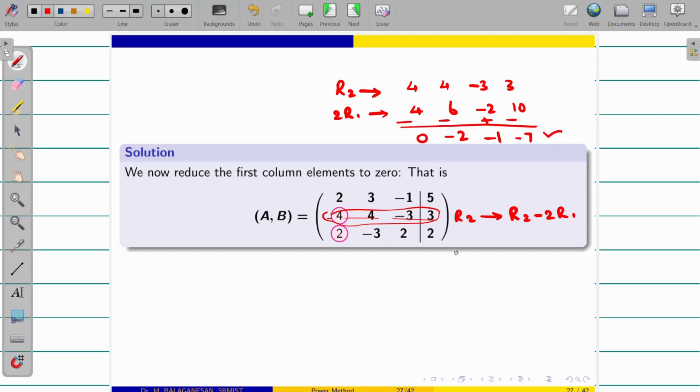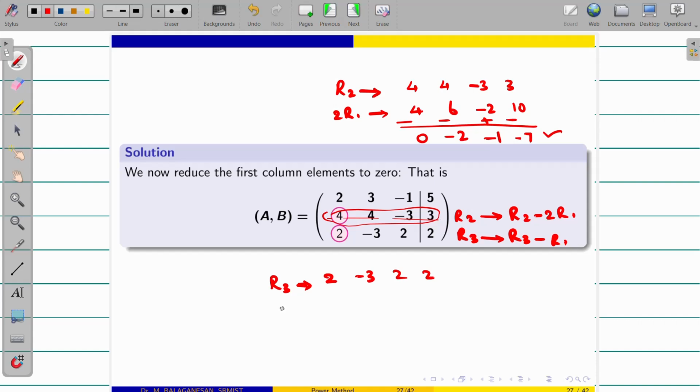Right. Now, what is the explanation for R3? R3 tends to R3 minus R1. Directly we can subtract, no need to multiply any element. So what is R3? R3 is 2, 3, 2, 2.